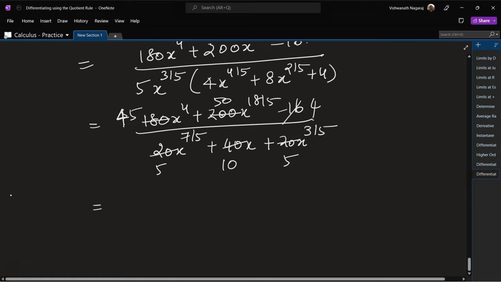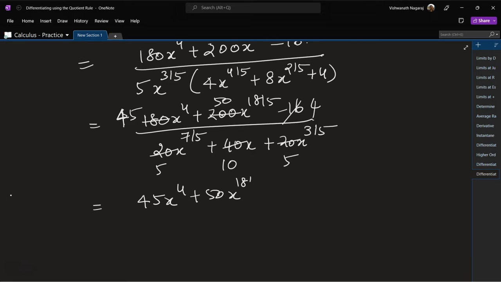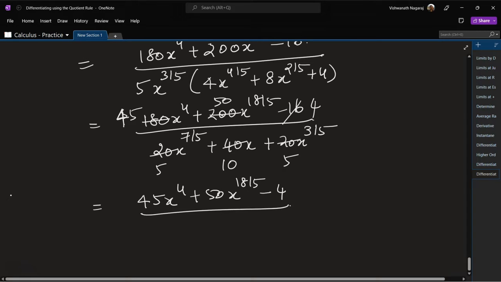So which means our answer is going to be 45 x to the power of 4 plus 50 x to the power of 18 by 5 minus 4 divided by 5 x to the power of 7 by 5 plus 10 x plus 5 x to the power of 3 by 5.